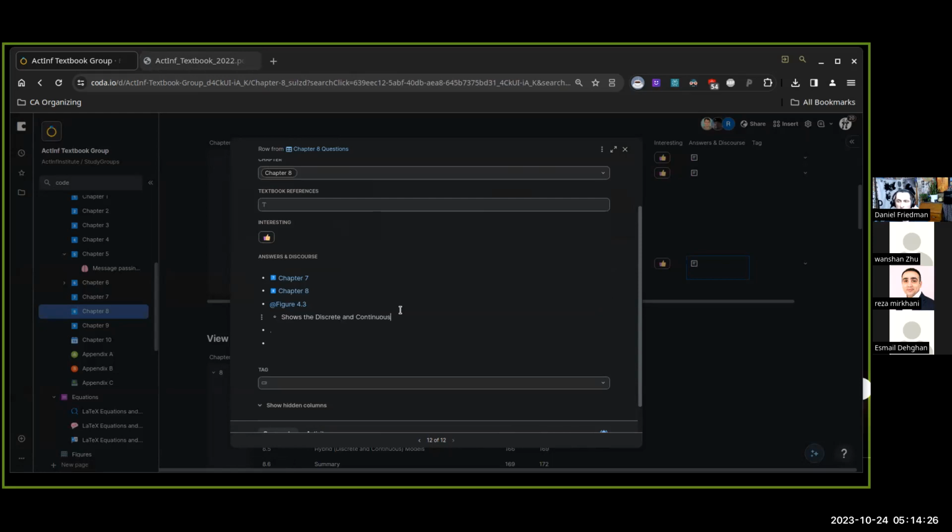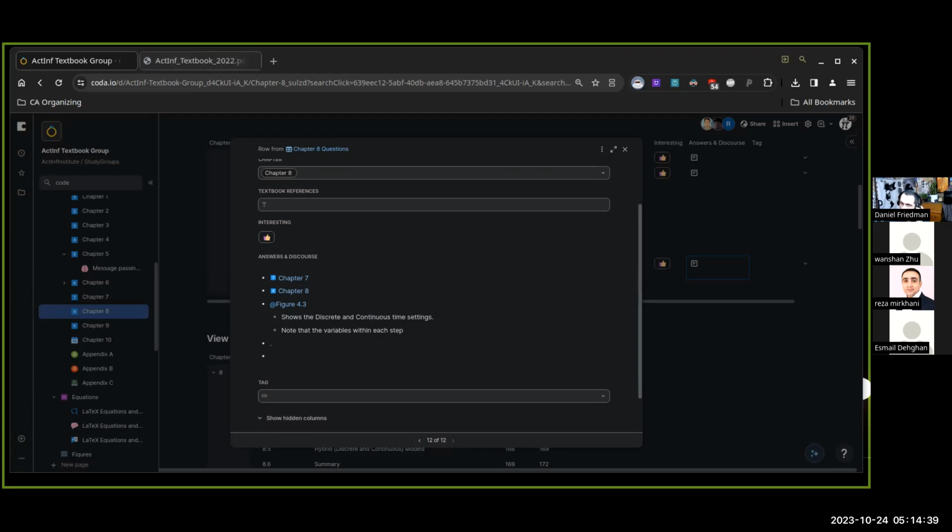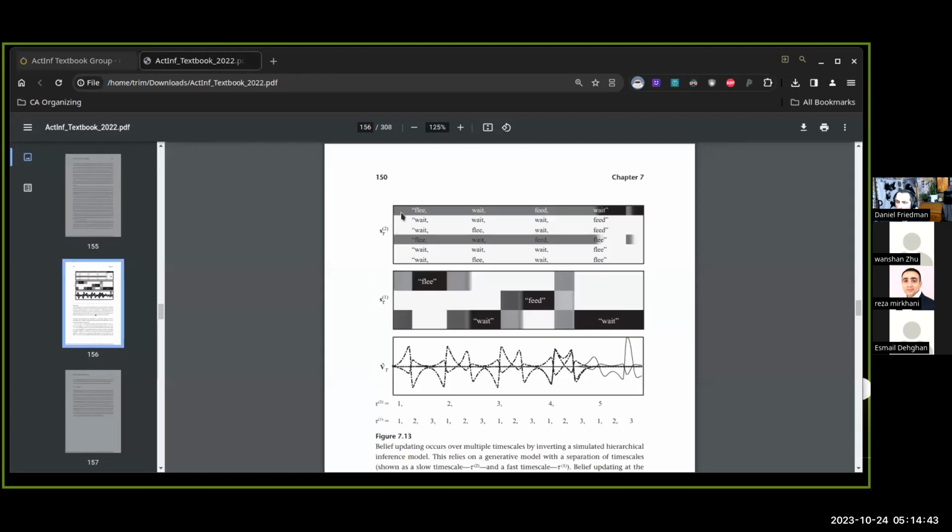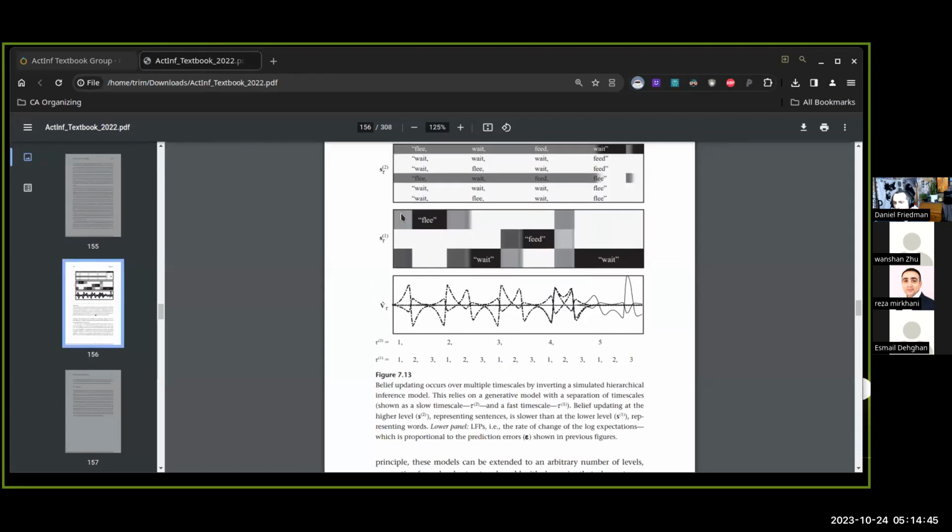To go on with this, in the discrete time implementation, within each step there is some kind of continuous updating of the neural activity associated with all the states. How does that go in this picture? Yeah, this is also a very good question.